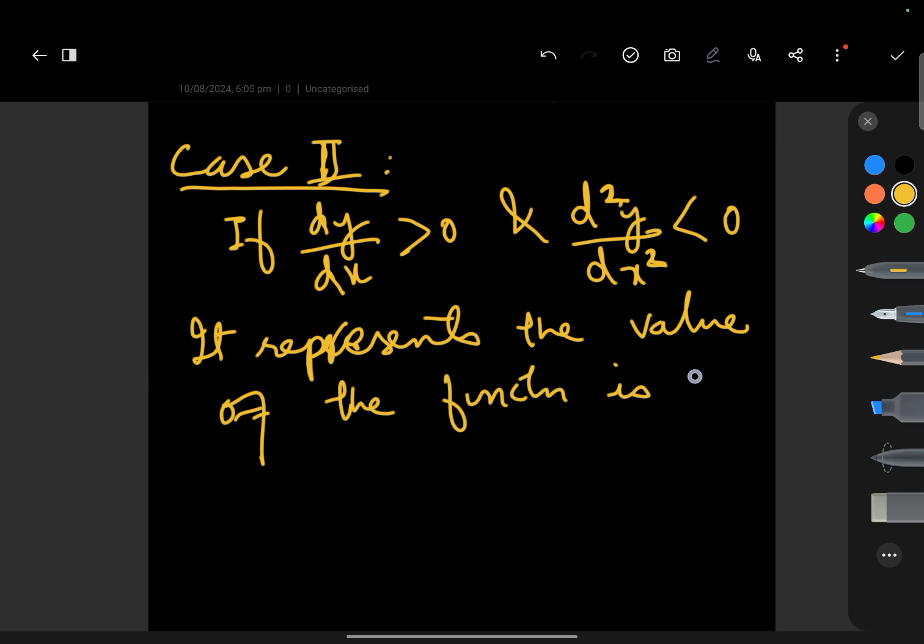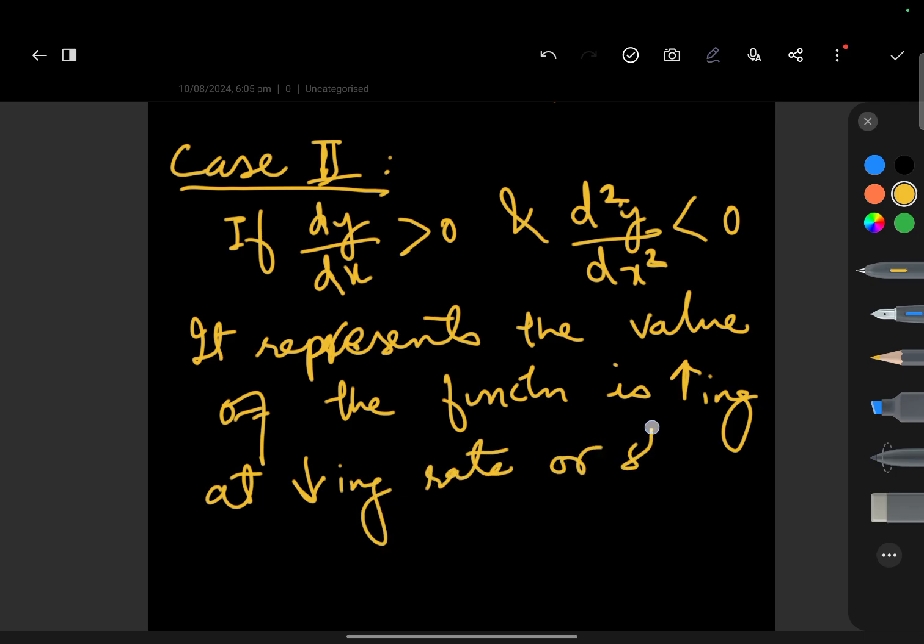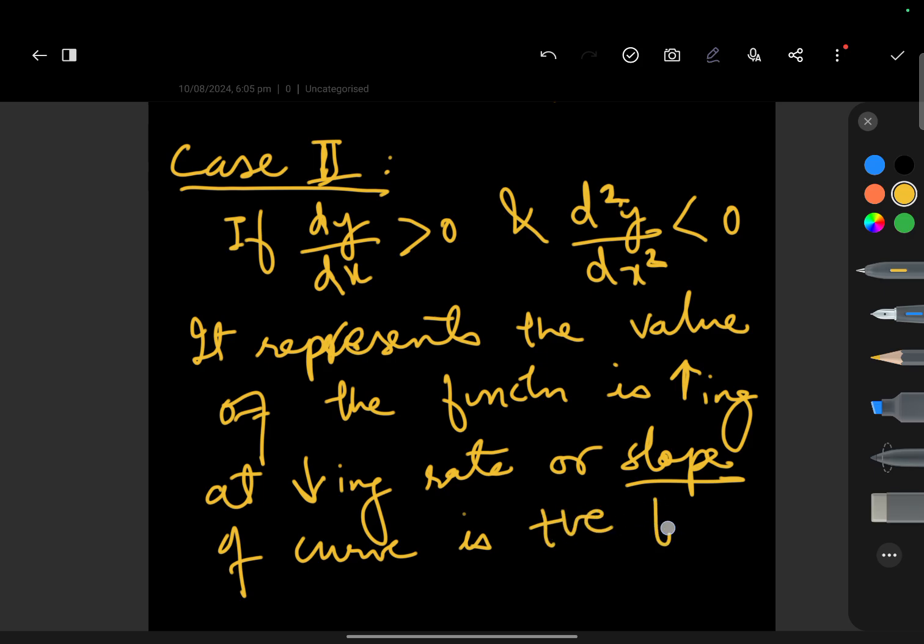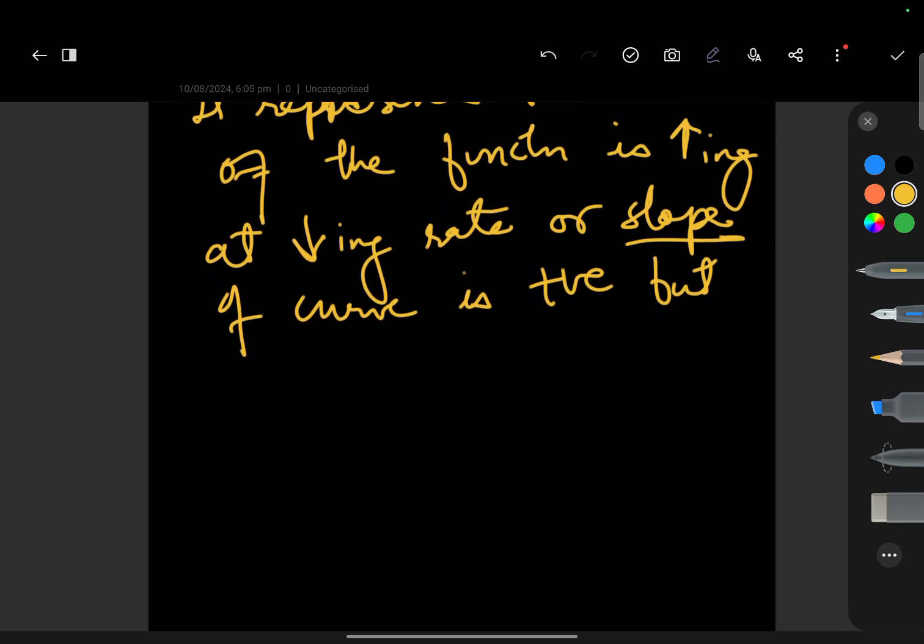is increasing. This is increasing at a decreasing rate, or the slope of the curve is positive, but it is decreasing.